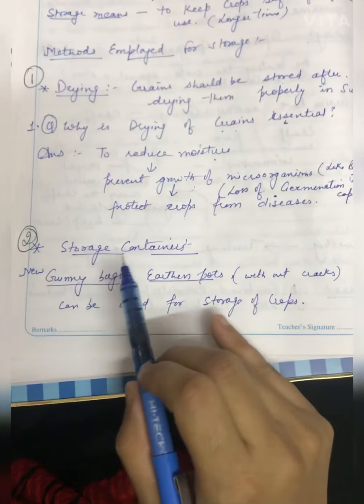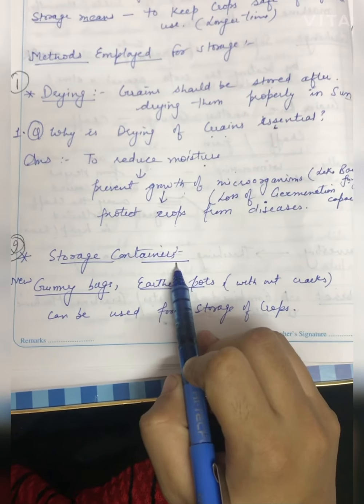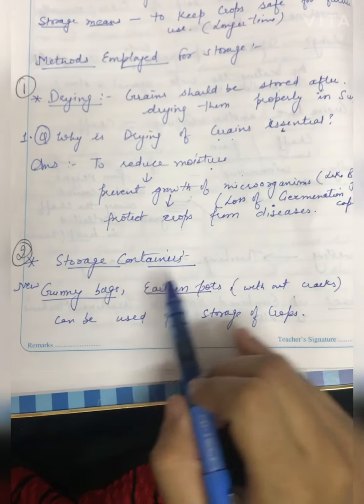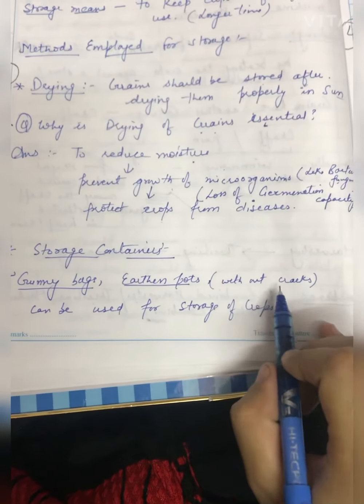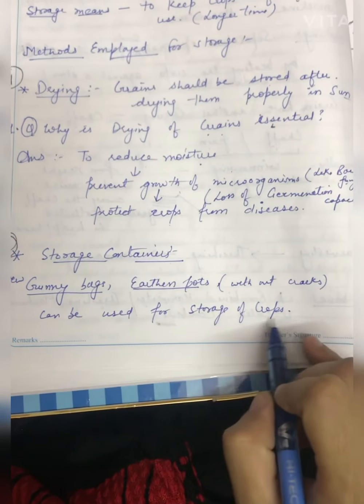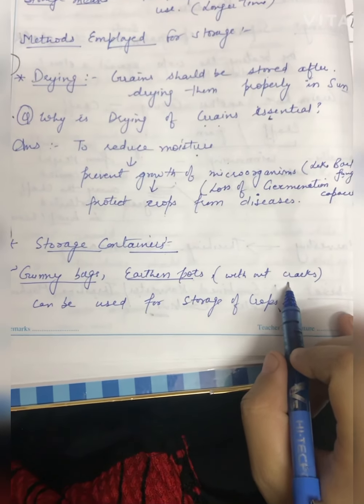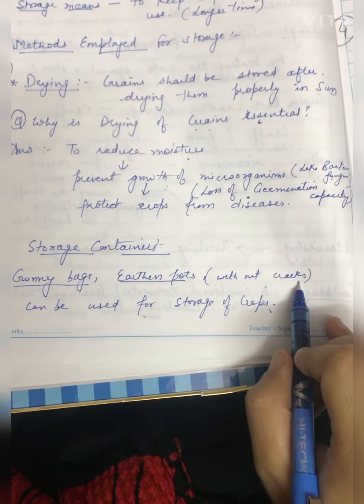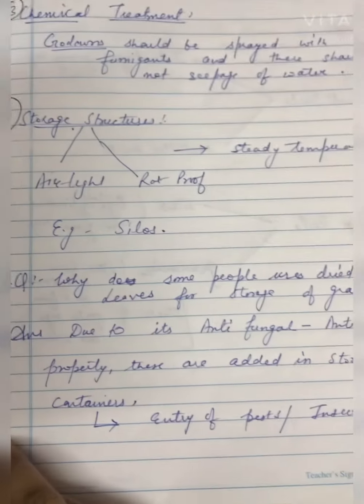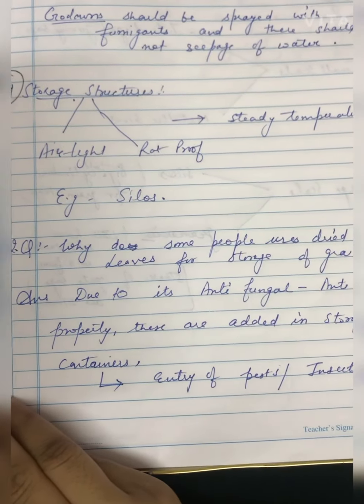Yes. Now the next one is storage containers. New gunny bags or earthen pots can be used for the storage of crops, and these earthen pots we can use in a home, but they should be without cracks. Next is the chemical treatment for the storage of grains.